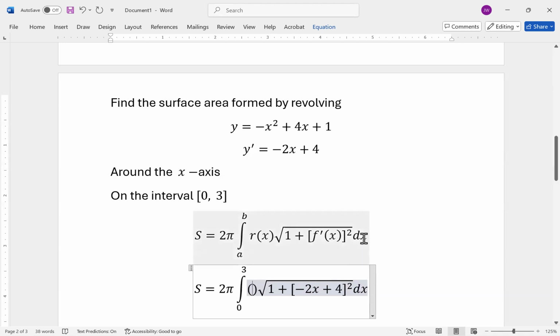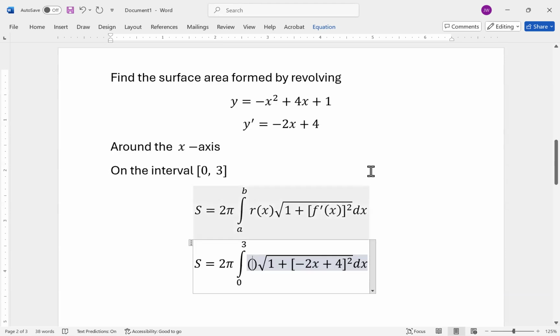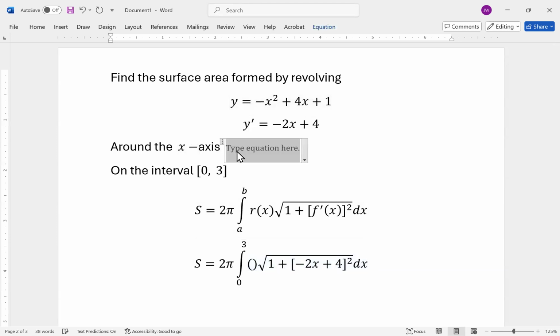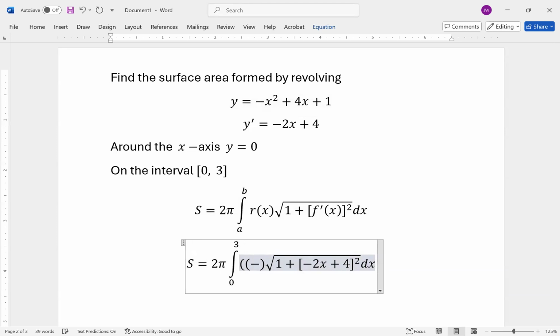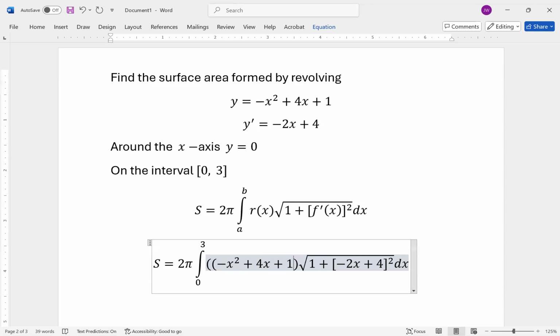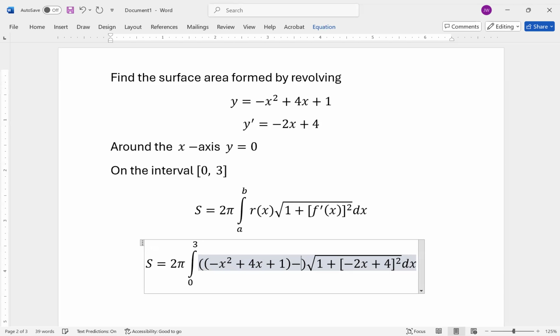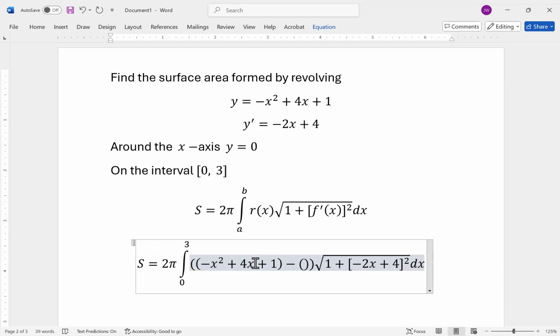The radius, like we said, goes from the curve down to the x-axis, down to the line y equals 0. So we're going to go from negative x squared plus 4x plus 1 down to the curve y equals 0.